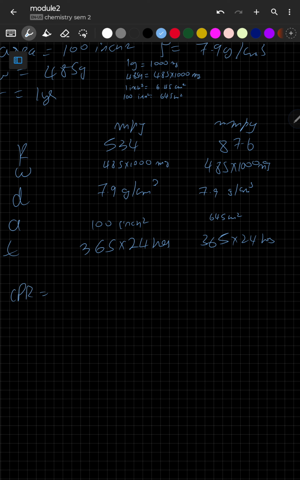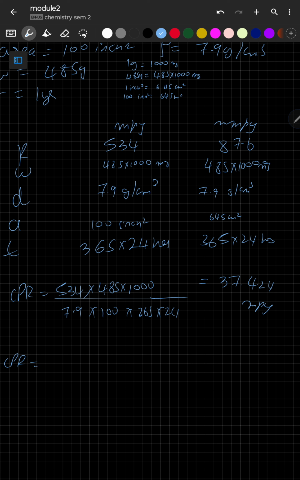First I'll find MPY. That's going to be 534 into 485 into 1000 divided by 7.9 into 100 into 365 into 24. So I'm getting it as 37.424 MPY.